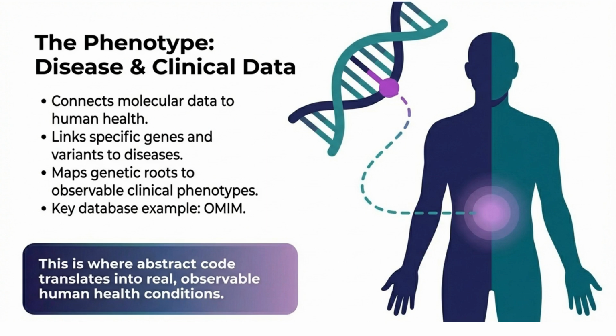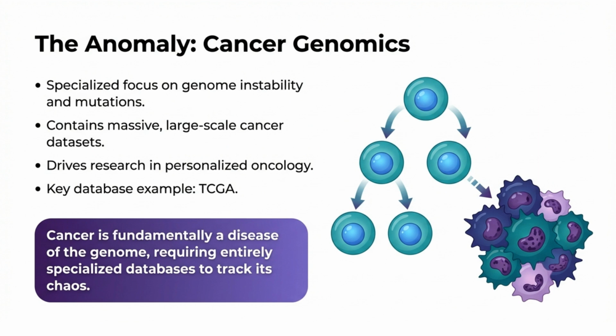One area where this connection becomes especially complex is cancer. Cancer is fundamentally a disease of genomic and molecular dysregulation. Tumors often contain many mutations, altered signaling pathways, copy number changes, and expression abnormalities. That complexity requires specialized databases. One of the most important examples is TCGA, the Cancer Genome Atlas.